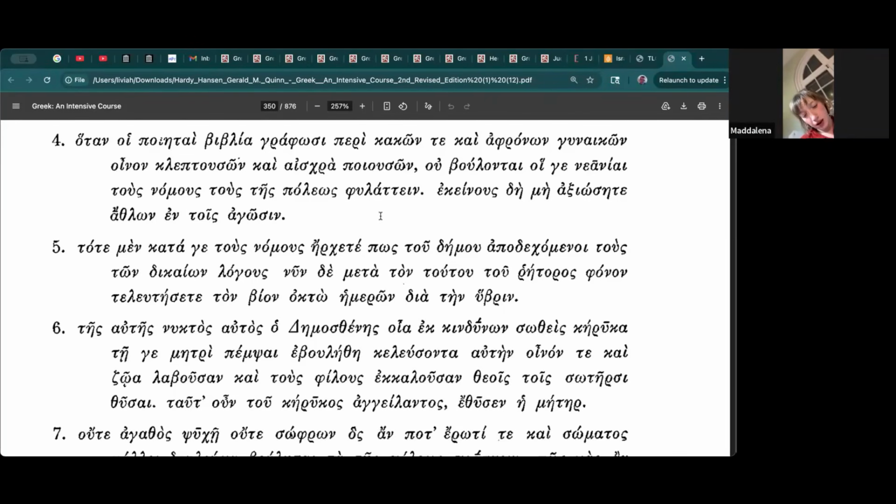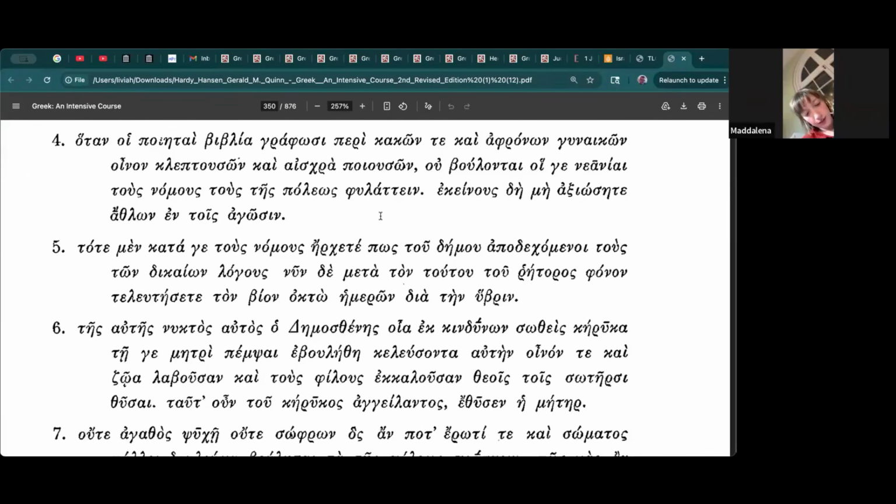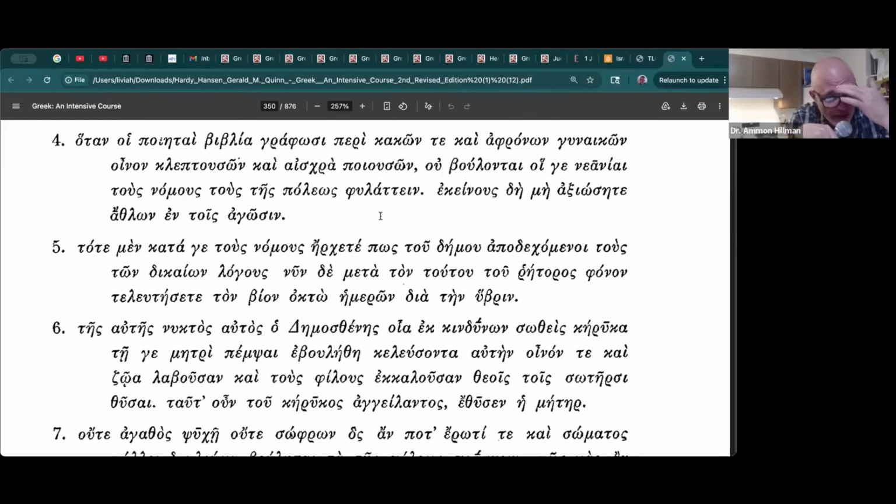About evil and foolish women, right? Then we have a participle following it, kleptuson.